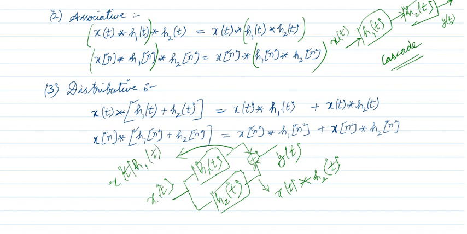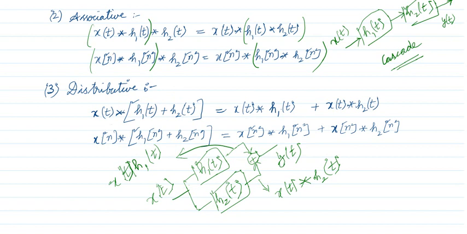I can do it individually, x convolved with h1, x convolved with h2, then add. Or else add the impulse responses h1 plus h2, then convolve with x of t.